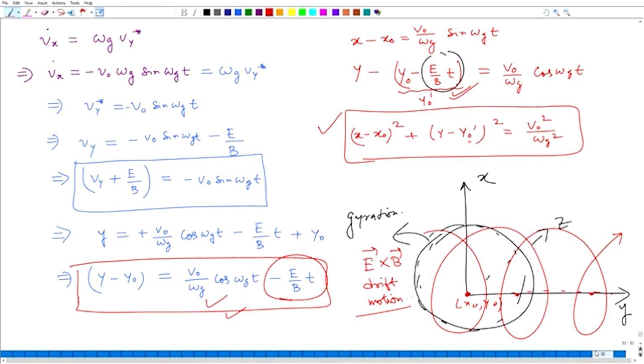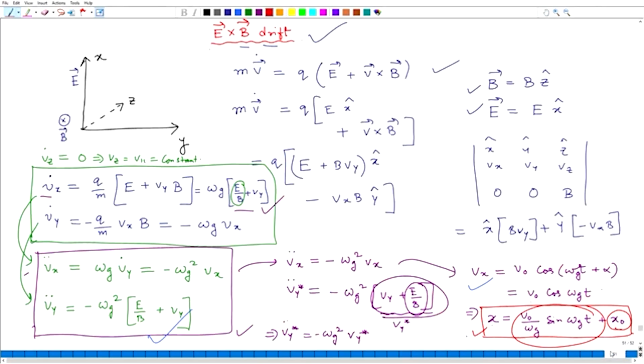So, actually if you write the component of the force over here, you will see this E cross B drift gives a drift velocity which is proportional to E cross B divided by B square, that exactly I want to show you.